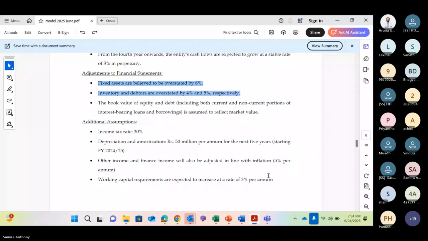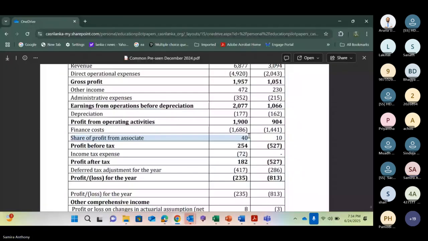Clear? Profit share from associate. Now, no information is given on profit share from associate. What you can do, without considering profit share from associate in cash flows, is take that associate value into the enterprise value.